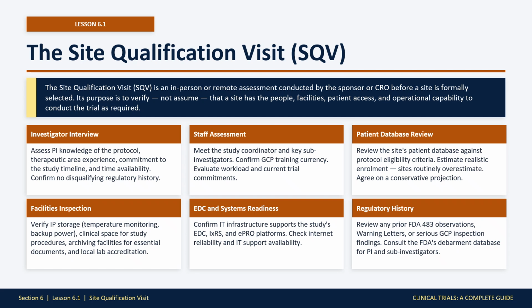And regulatory history review checks FDA databases for prior disqualifications, warning letters, or GCP inspection findings for the PI and sub-investigators. The SQV report becomes the documented basis for the site selection decision, and it is a document that regulators will ask to see during an inspection.